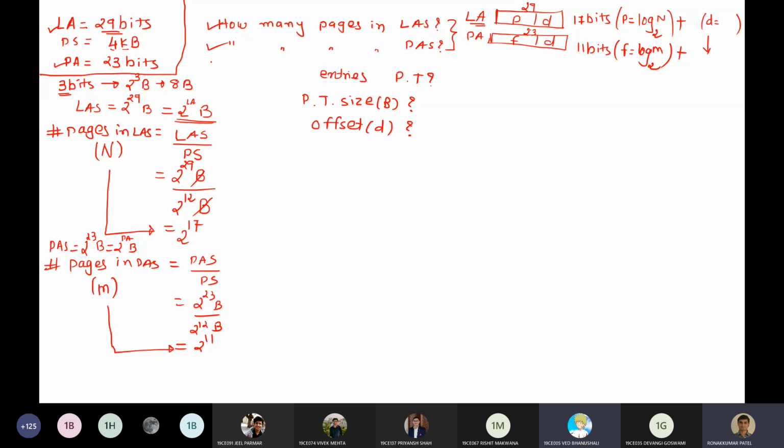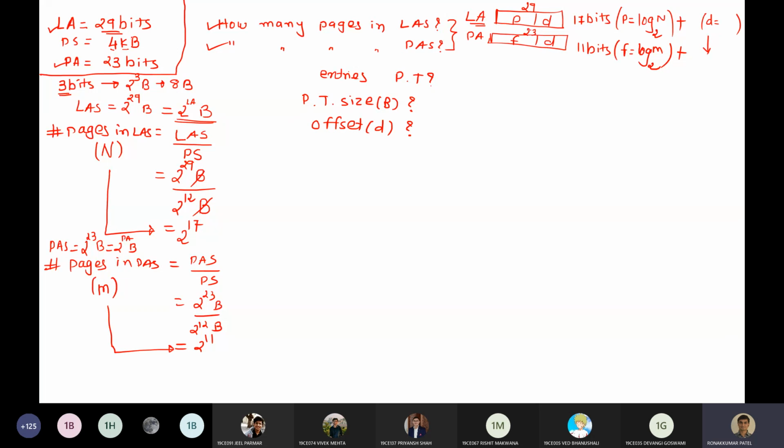Yes, it's correct. It's a collection of bytes. So in one page, how many bytes are there? 4K. 4K bytes are there. So your page is a collection of bytes, right?